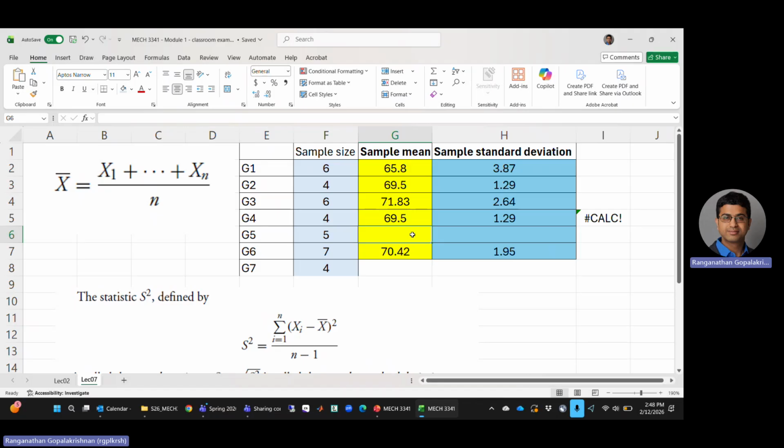You are which group? We're group 5, right? Our mean is 66.8 and 2.28. So only one group is left. Did anybody come after now?